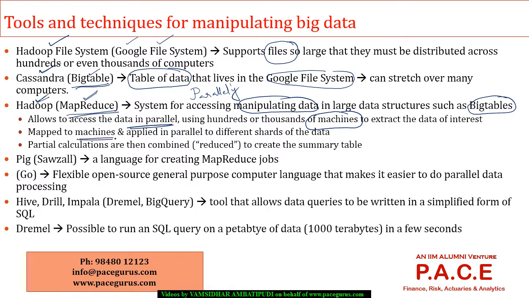There will be an identifier for each machine. Based on those identifiers, the query goes to the corresponding machine, and whatever partial calculations we get from each of the machines are all combined. That is what we call the reduce. They are all combined to create the summary tables. That is how a Hadoop architecture typically works.